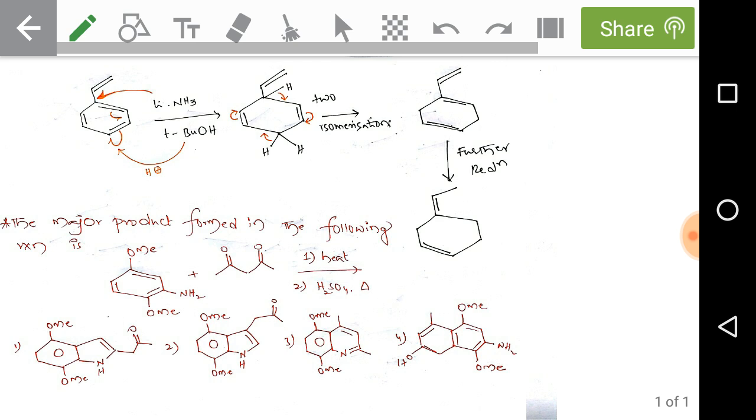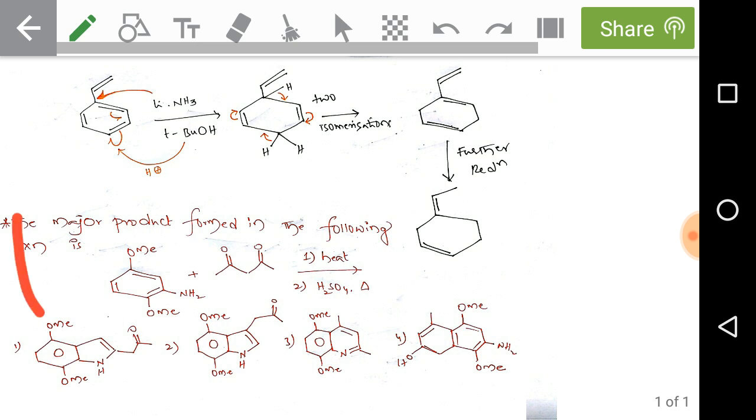And we have given an excess amount of lithium ammonia in tertiary butanol, that means further reduction takes place, and here you can see simply the butadiene can be reduced to form a single alkene, that means a single alkenic product you can observe here. So this is the final product you can get in the reaction given in the problem.